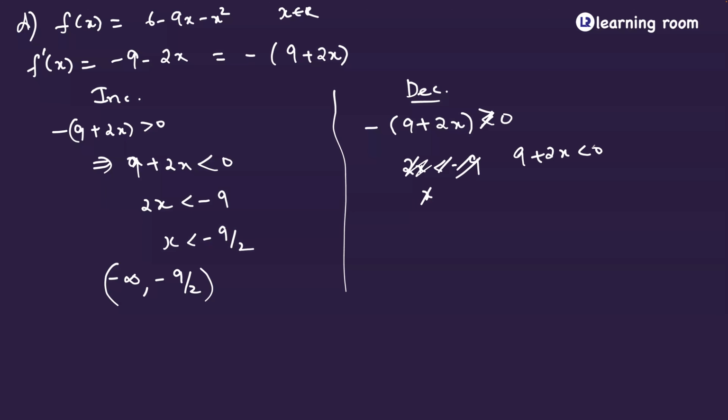Here less than 0, then here it will be greater than 0. So x should be greater than minus 9 by 2. So the answer will be minus 9 by 2 to infinity. It's a simple problem, right? So next one alone, you need to deal with carefully.